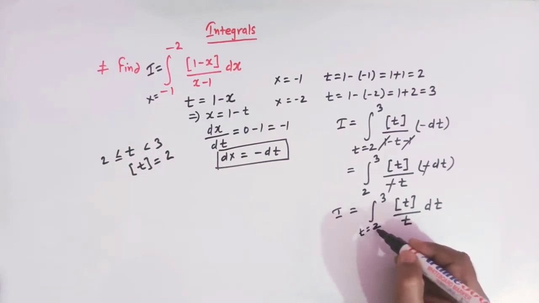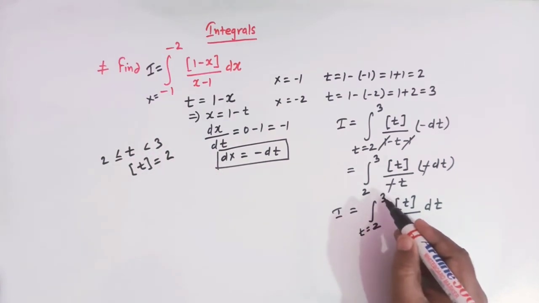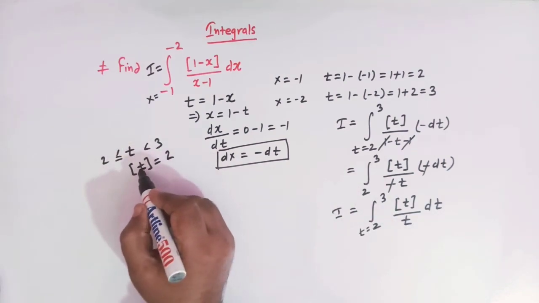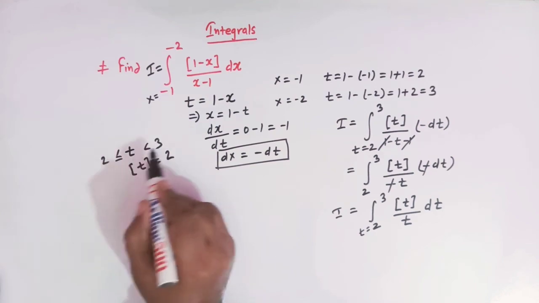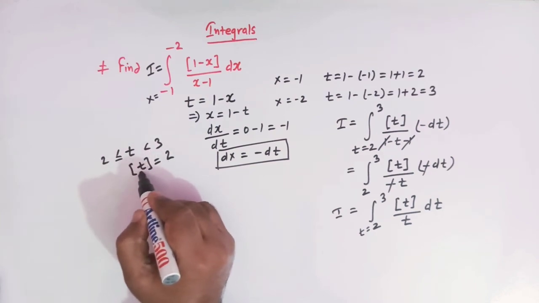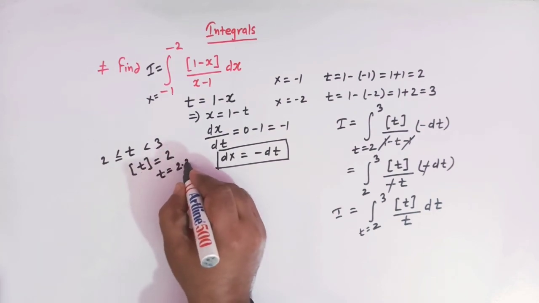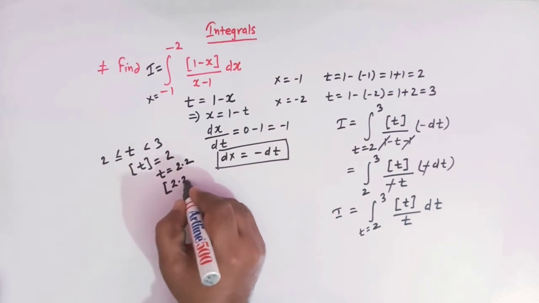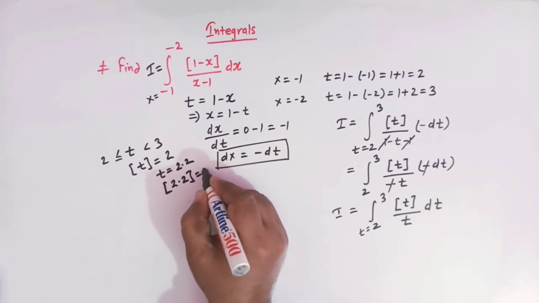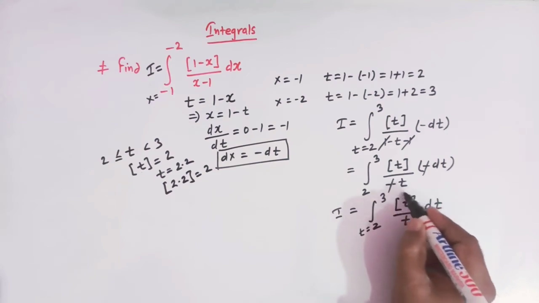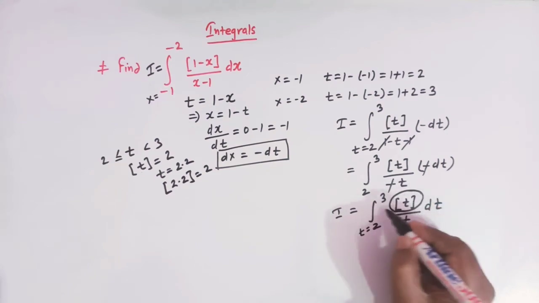So here the lower limit is 2 and the upper limit is 3. So t lies between 2 and 3, and whatever be the value of t which lies between 2 and 3, the value of the greatest integer of t is 2. For example, if t is 2.2, then the greatest integer of 2.2 is 2, right? So now here we can replace this term by 2.